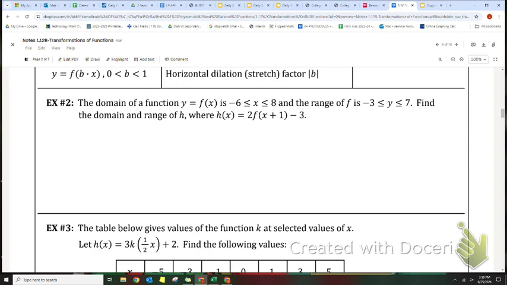All right, so what we have here, when we look at our equation, first thing I notice is inside with x, it says x plus 1. And so we know with x, we always do the opposite. And so we're really going to end up subtracting 1.